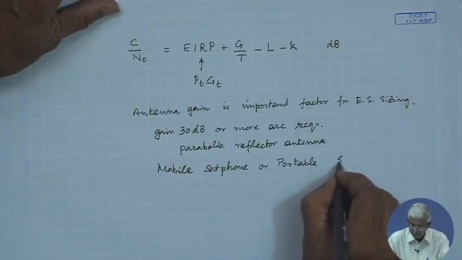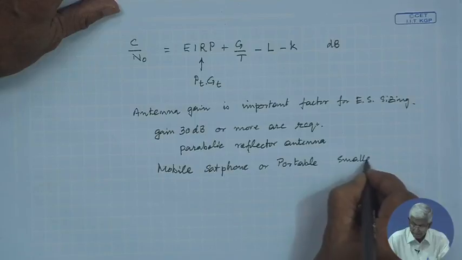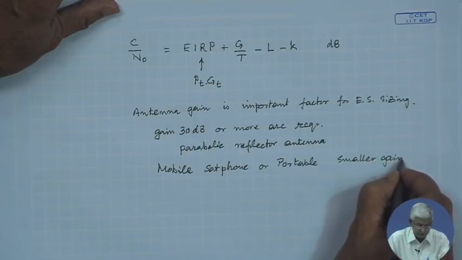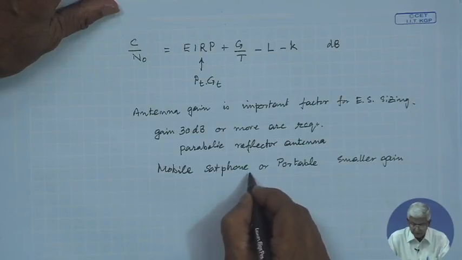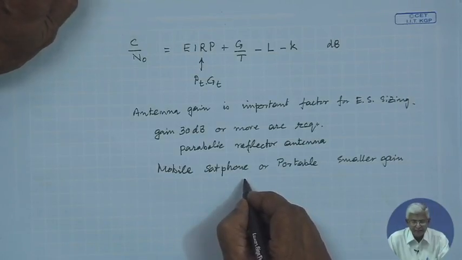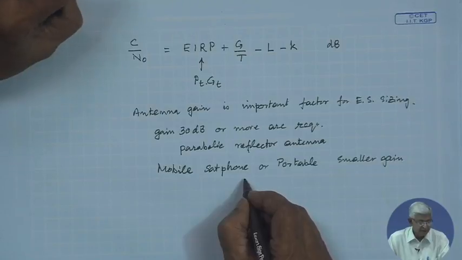They have a smaller gain, of the order of 15 dB or 20 dB or even sometimes much smaller than that.